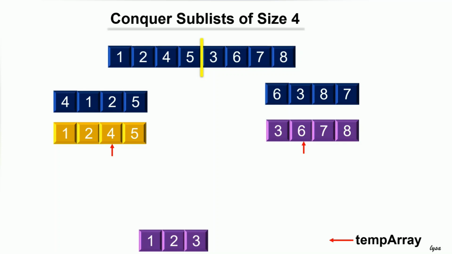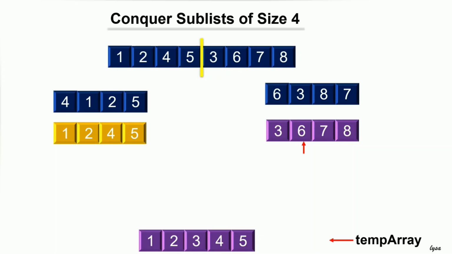4 and 6 are compared. 4 is the smaller value. And move the pointer to 5. 5 and 6 are compared. 5 is written into the temporary array. And we have now seen the entire left sublist. Now there are still 3 elements pending in the right sublist, and already they are in the sorted order.